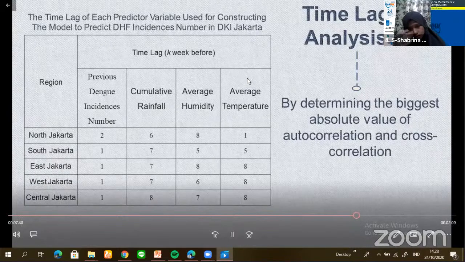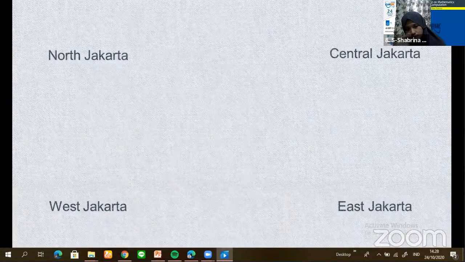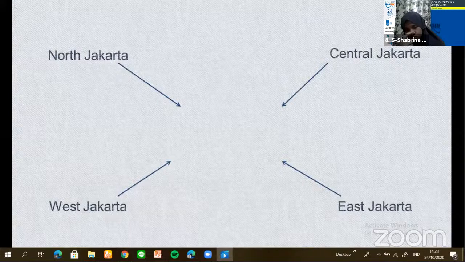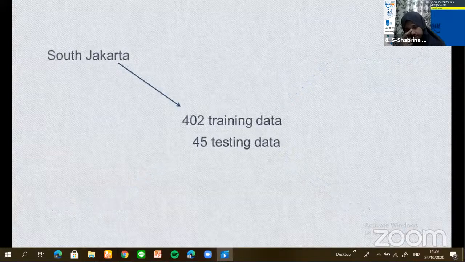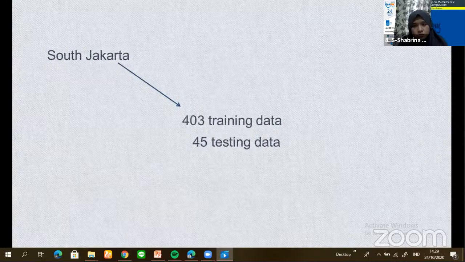By using the optimum time lag and the data proportion of 90% training data and 10% testing data, for North Jakarta, West Jakarta, Central Jakarta, and East Jakarta, it will be used 402 datasets as training data and 45 datasets as testing data. And for South Jakarta, it will be used 403 datasets as training data and 45 datasets as testing data.